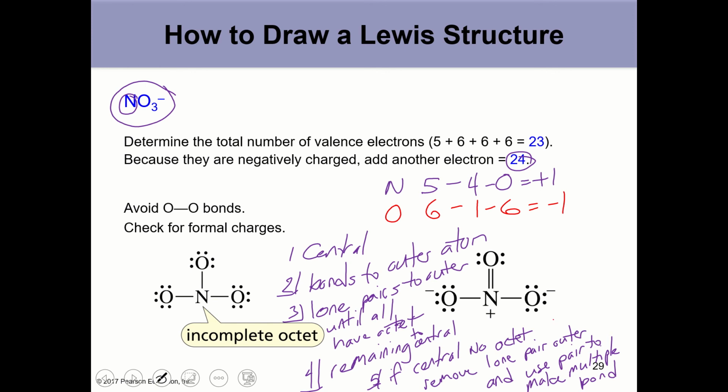Therefore, both of the single bonded oxygens that have 3 pairs must have a negative charge. The overall charge of nitrate is negative 1 because the positive charge on nitrogen is canceled by one of the negative charges on oxygen, so that only one of the negative charges counts.